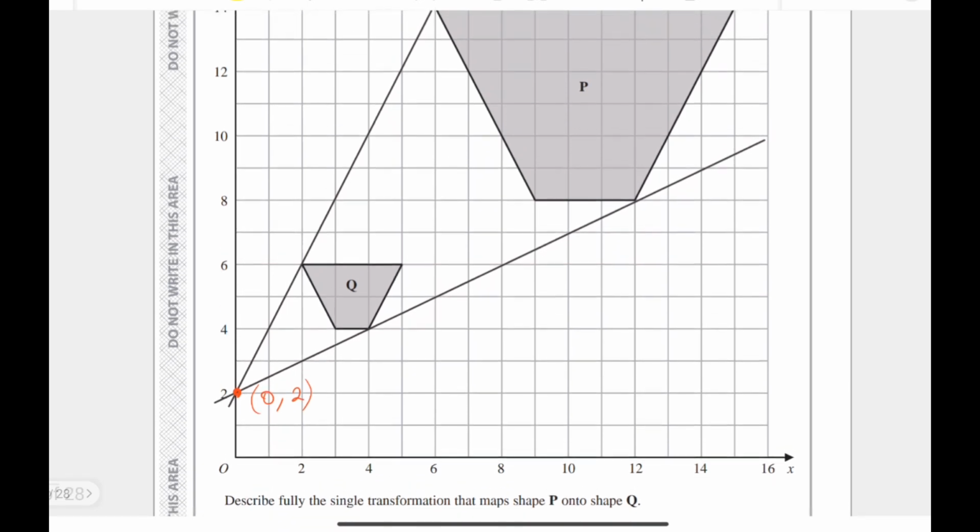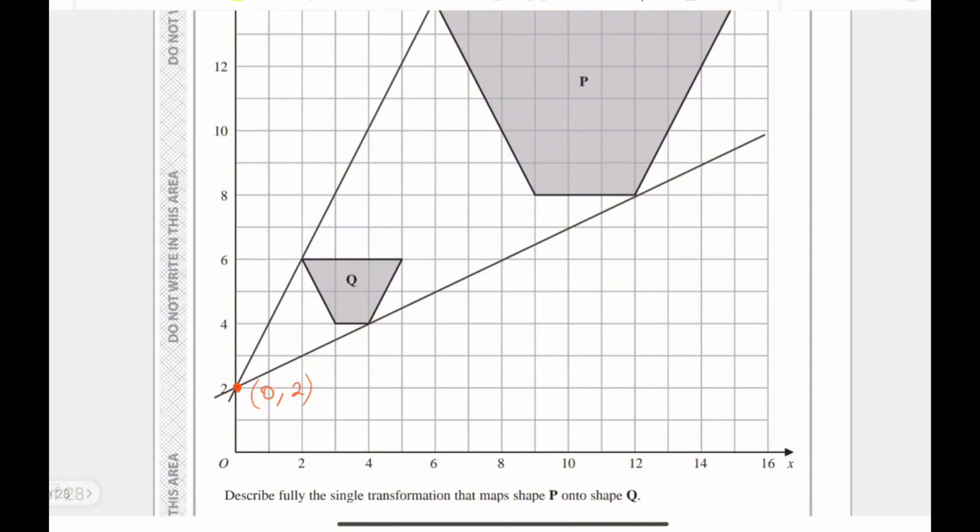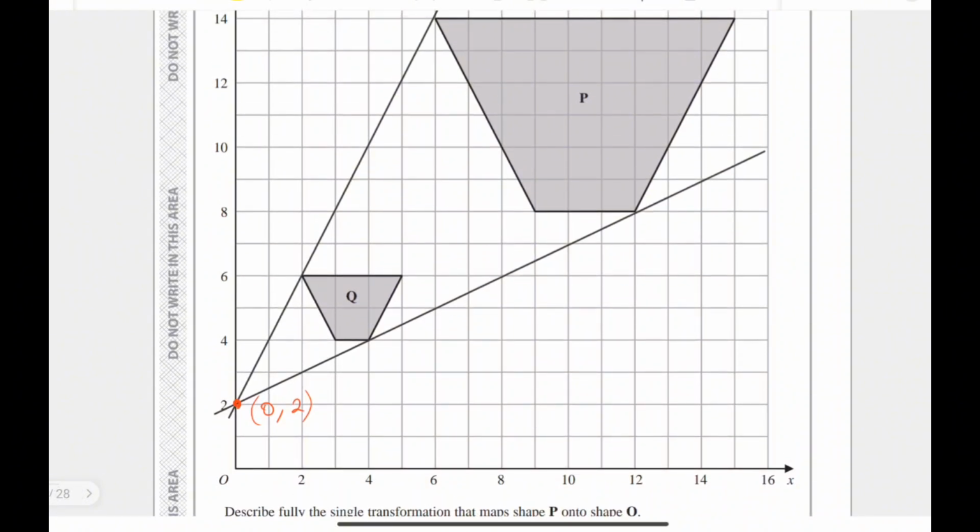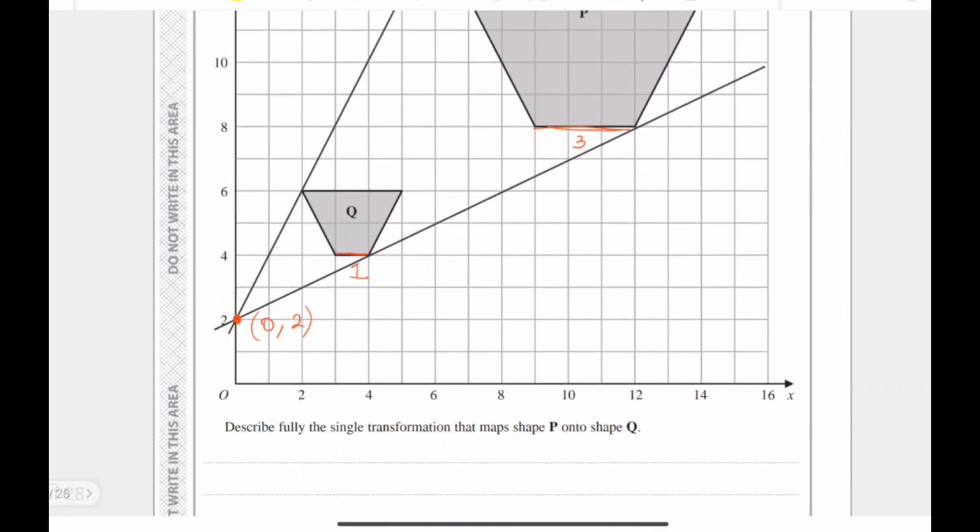So going from P to Q, another thing we need to find is the scale factor. So this side here is 3, this side here is 1. So that means the scale factor is Q is 1/3 of P. So now let's describe it.